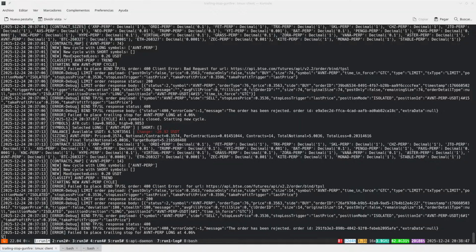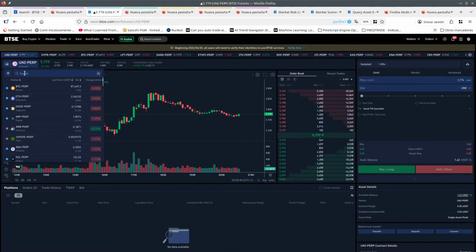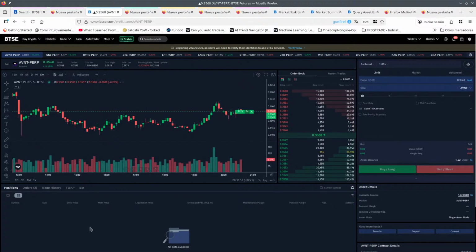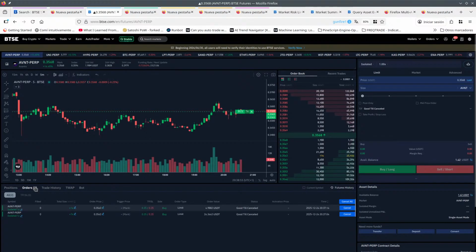I don't know. If we search event Abantis, we should see here 2 trades, but this is because it doesn't know what it's doing. So the actual trade is this one here.